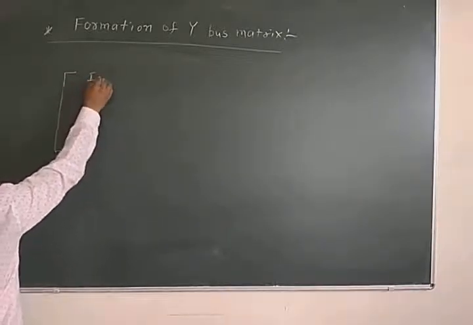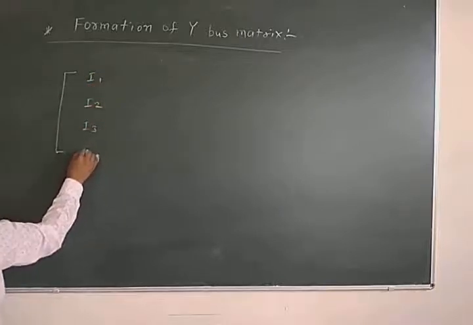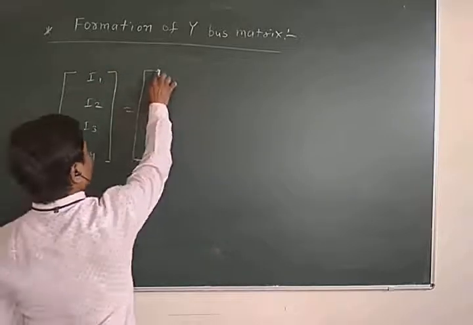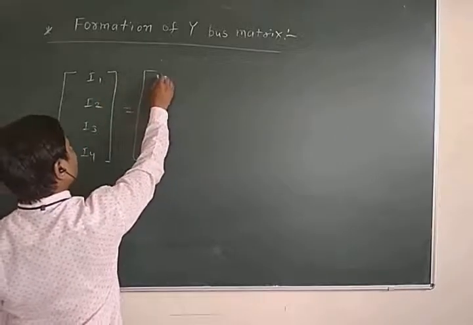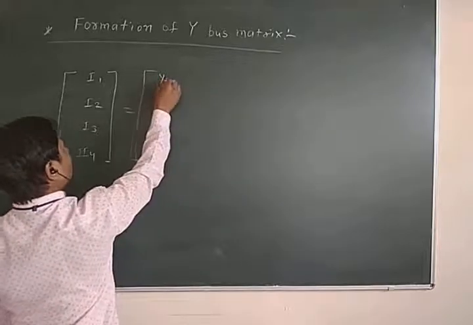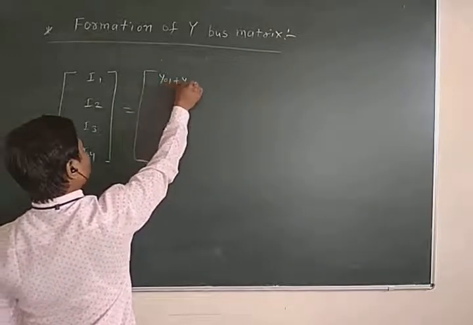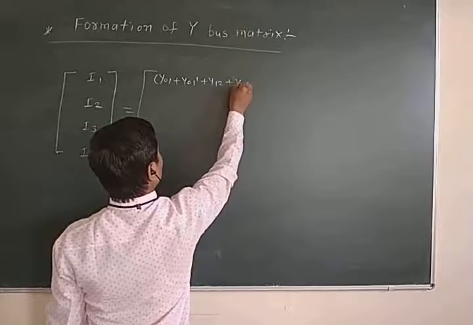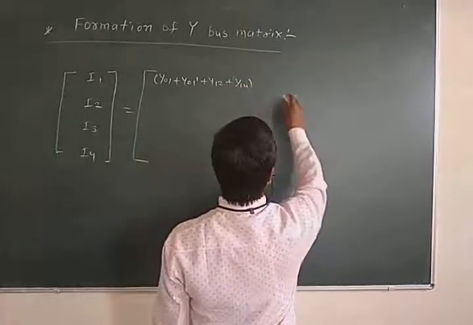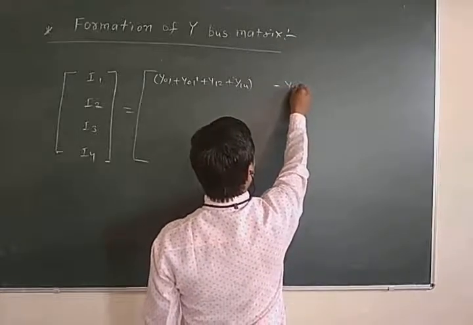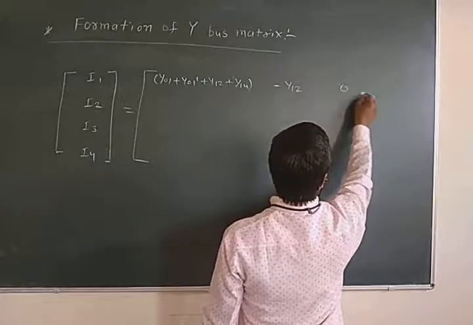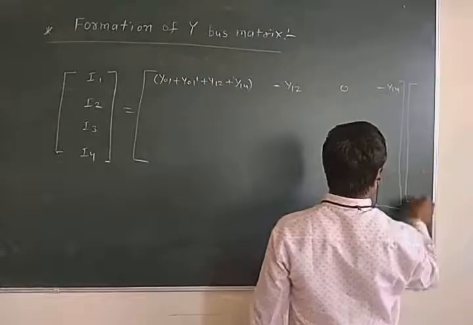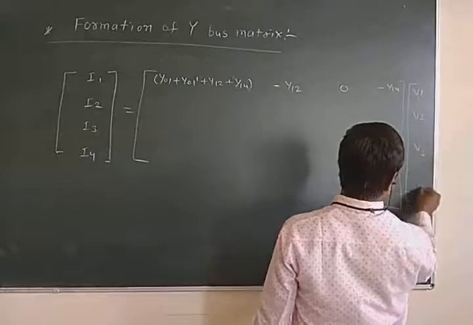I1, I2, I3 and I4 is equal to, here for I1, y01 plus y01 dash plus y12 plus y14, then minus y12, then 0, then minus y14, and V1, V2, V3 and V4.